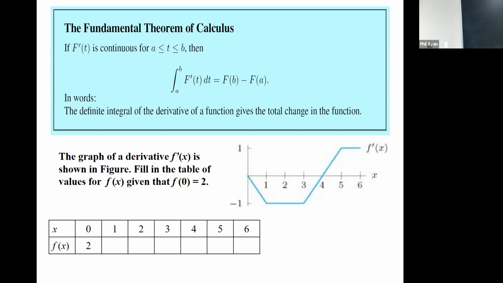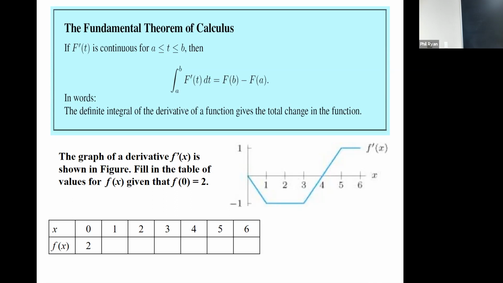Okay, so I'm giving you the rate of change. So that's not enough to actually figure out what f is, right? Because when we integrate, we just get the total change. So we need a starting point. We need to know where we start. So this 2 here is an additional piece of information.